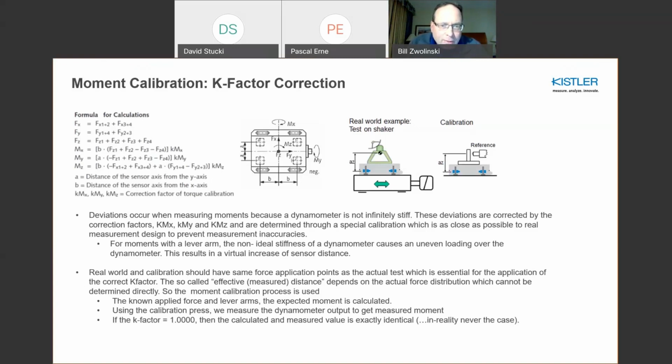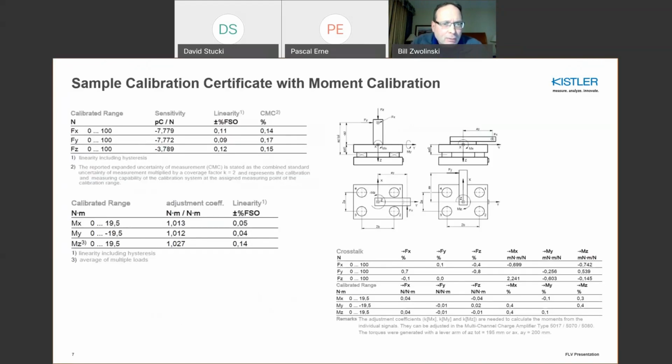It's an important point, especially as test articles increase in size, say in height, might be a factor that we want to take into consideration in terms of the moment correction factors. What I wanted to do here was just point out that this is a typical calibration certificate, and what you see here is in the moment areas, there would be a separate coefficient or adjustment coefficient or K factor that would be allocated.